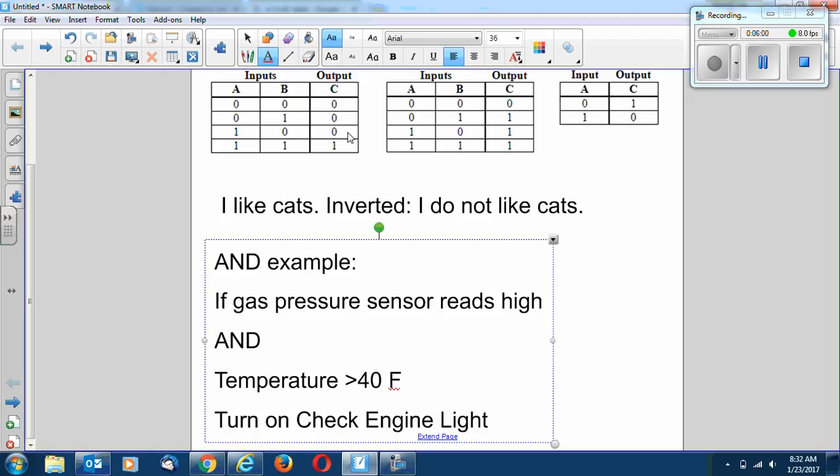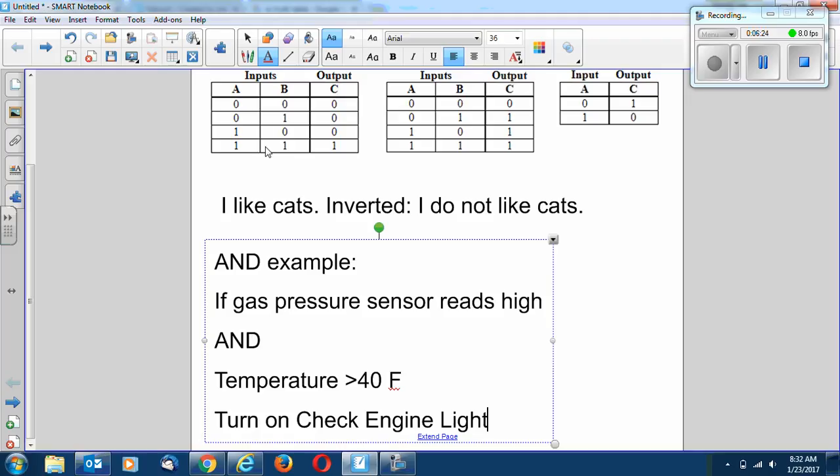So it outputs a 0. Honestly, in that particular gas pressure indicator, that option never happens because as the temperature drops, the gases condense. But for the sake of the argument, should this ever happen, this would also be true, and it will not turn on the check engine light.